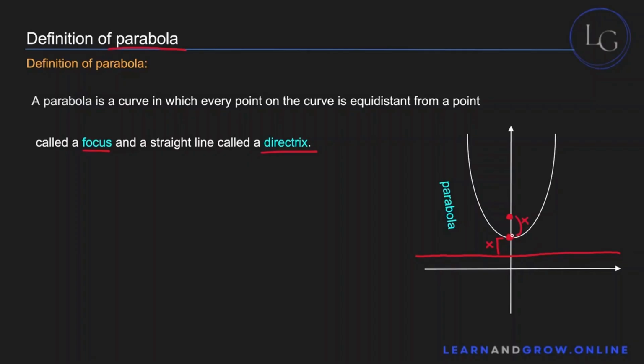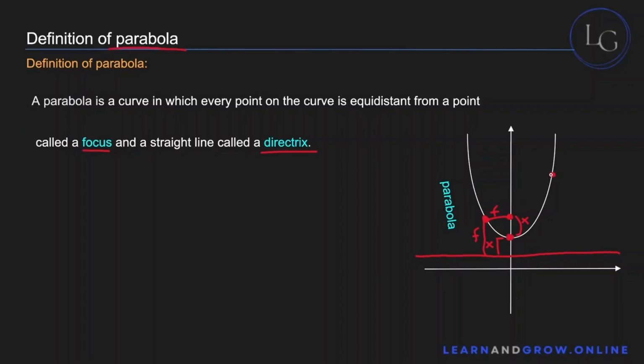Now what you need to see is that if you take any point on this curve, let's say this point over here, this point will have the same length from the directrix and from the point that we took before. Both of these are equal. Let's say this is length f, so this will also be length f. Now let's say you take another point on the curve.